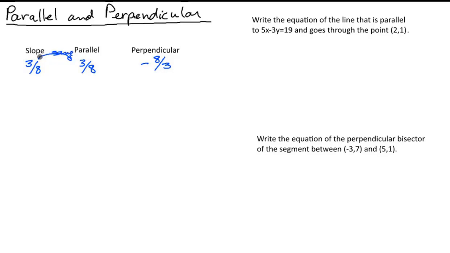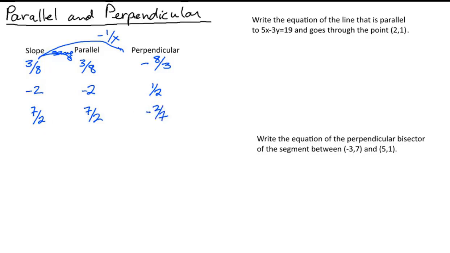Same here, a negative reciprocal. 1 over x is how they'll represent that on a calculator. So if this is a -2, anything parallel to that has the same slope, -2, and the perpendicular slope would be positive 1 over 2. If you have a slope such as 7/2, parallel would be 7/2, exactly the same. And then the perpendicular would be -2/7.